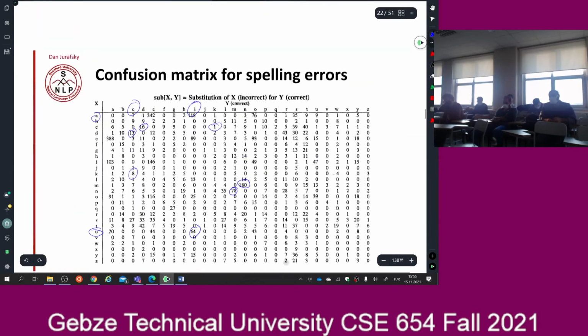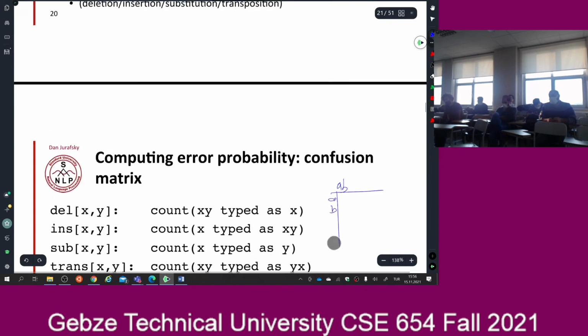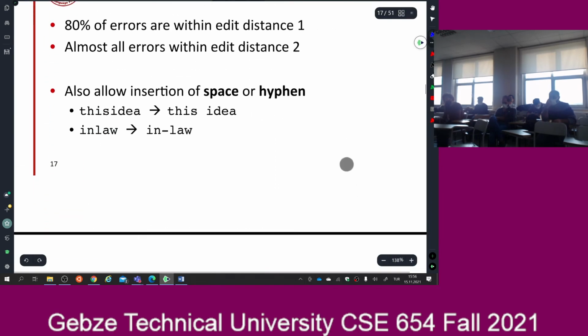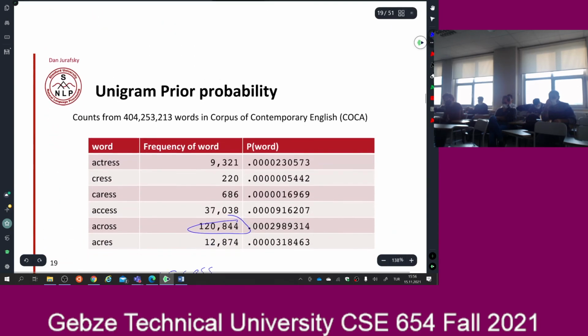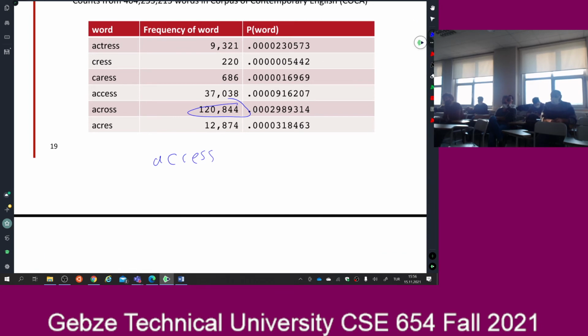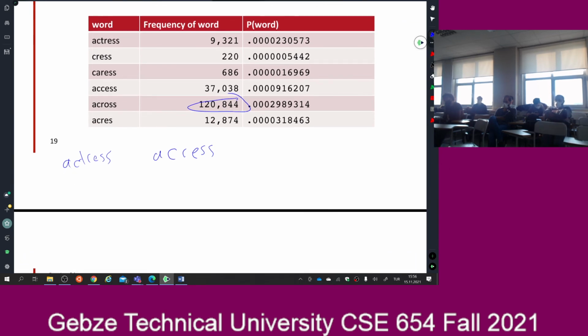If somebody does substitution with A, for example this one, what is the probability of it?